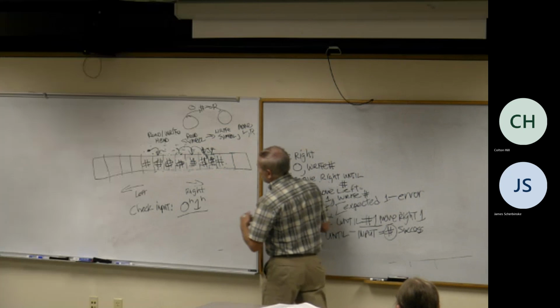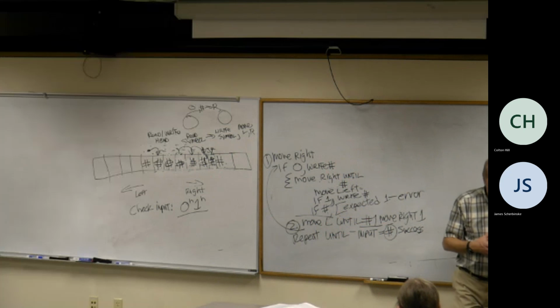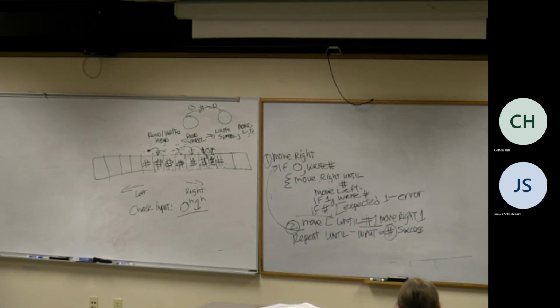But now we don't have a limitation on how we can access the memory. We have memory that is boundless, and we can go anywhere we want and do anything we want with it.